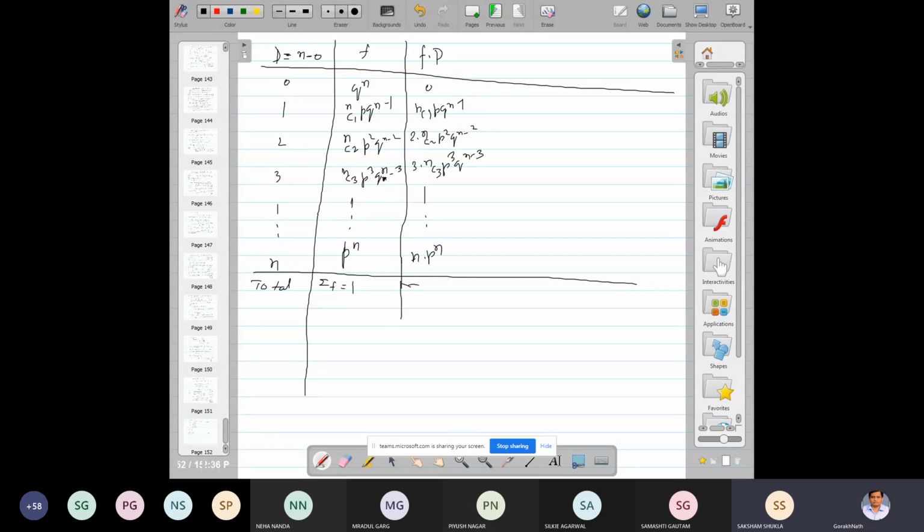Now suppose we consider the sum of f into d. You can see this will be n into p. So this is the mean, and the mean is sigma f xi upon sigma f. So here p is denoted by f and xi is denoted by d. So this is the mean. The mean of the binomial distribution is n into p.